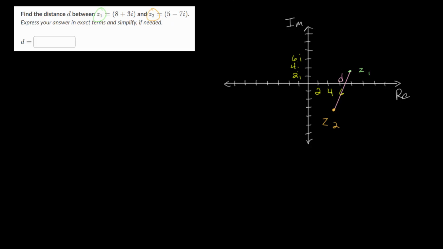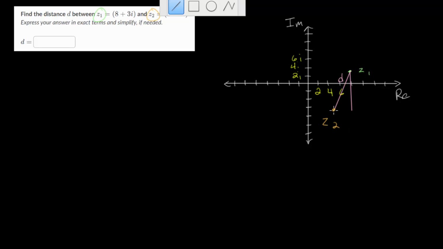At this point, we just need to drop a vertical line that's perpendicular to the real axis, and then connect that to a horizontal line going to point z2 that is parallel to the real axis. So let's drop that vertical line now. It starts with an imaginary value of 3i, which is related to z1, and goes down to an imaginary value of minus 7i, which is the value at z2.